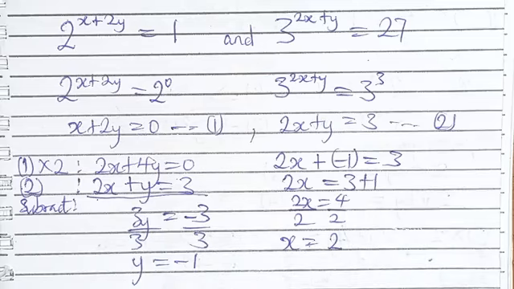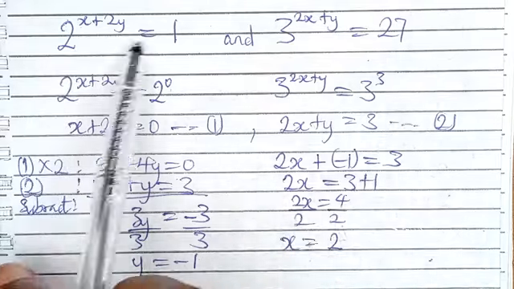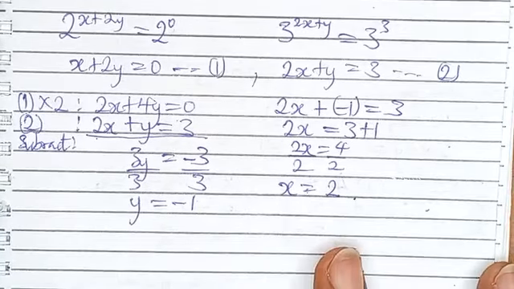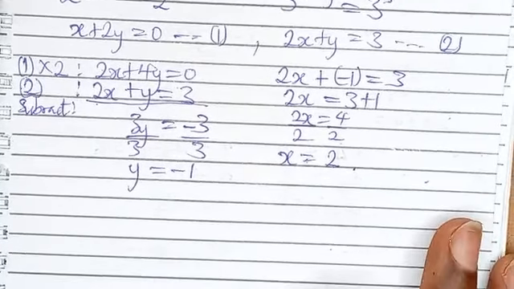Now, considering that this was a very strange question, let us satisfy our curiosity by substituting into any of the given equations to confirm that x equal to 2 and y equal to minus 1 satisfies the two equations. Okay, I'm going to have one of the equations repeated.